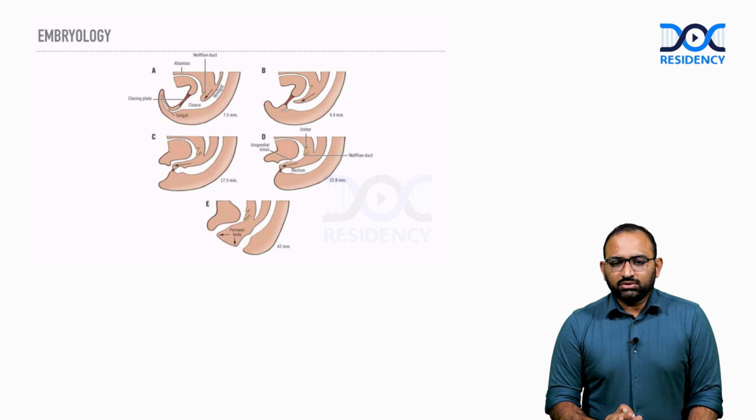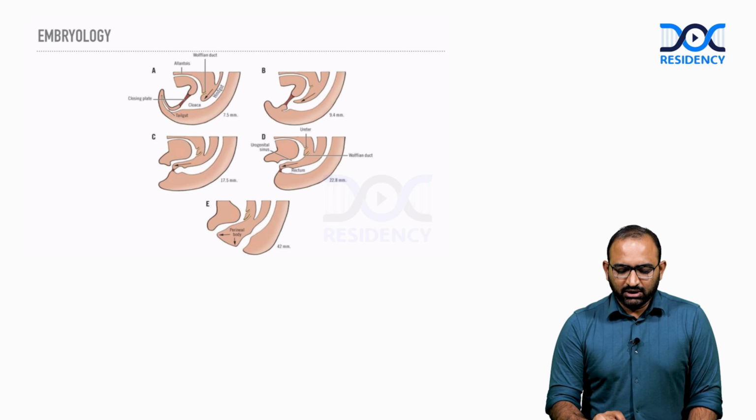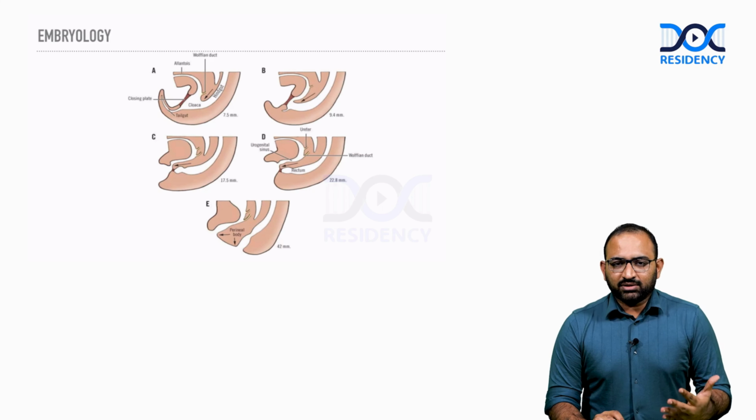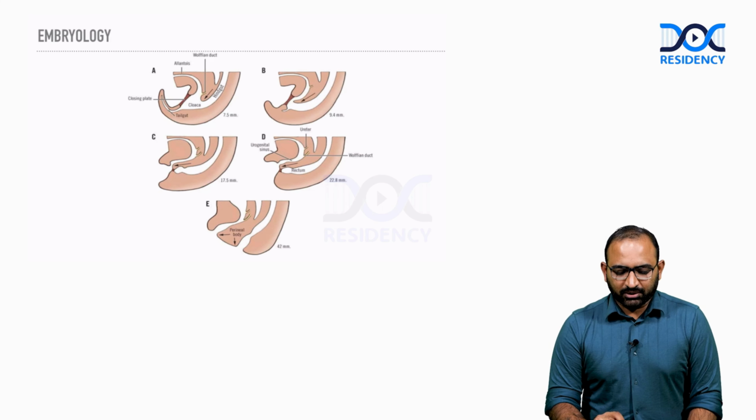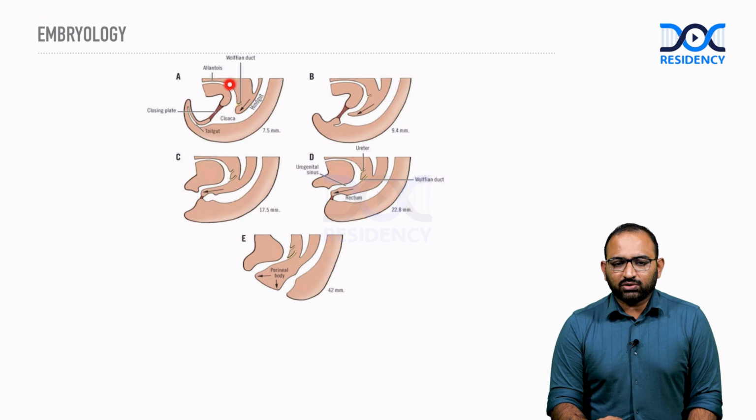So to talk about embryology, when a child develops, there is usually a common cloacal opening, a common cloaca for both the hindgut, the gut exit, and the urinary tract. They both open into a common channel called cloaca. This is called the cloacal plate.